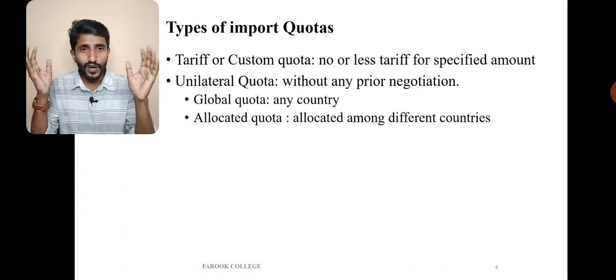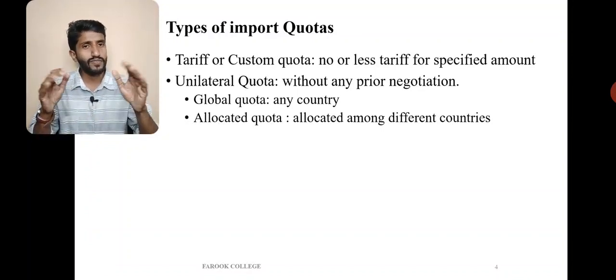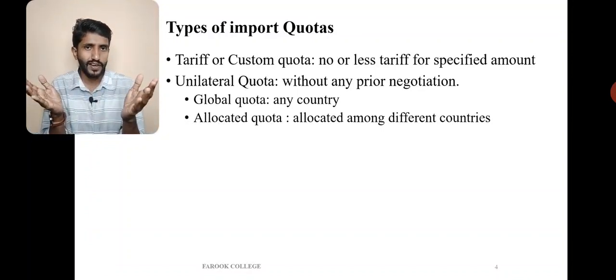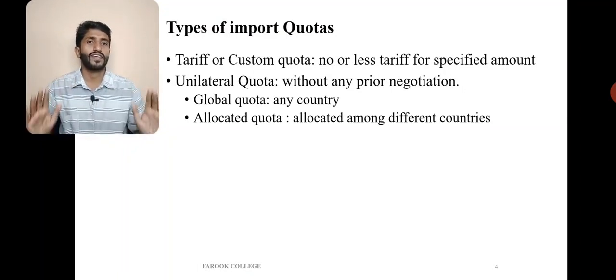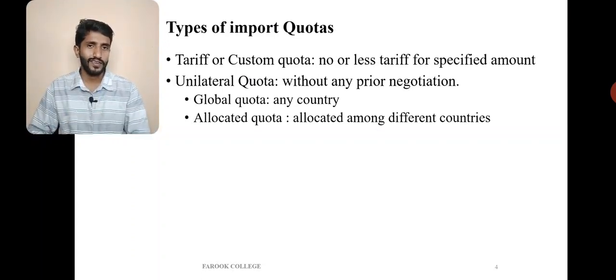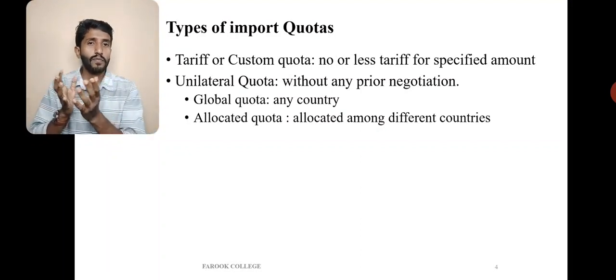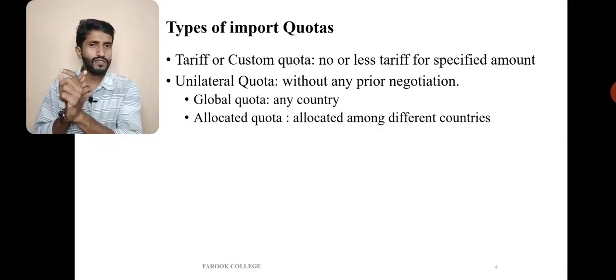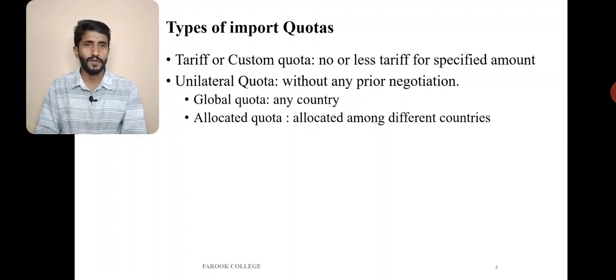It is a global quota: from any country, up to 10,000 TVs can be imported. So there is a quantitative restriction on the amount of the commodity, but no restriction on importing from any particular country. That is global quota.